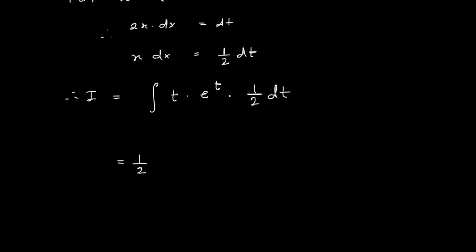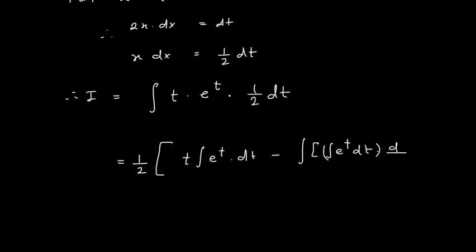Now integration of t into e power t: here it is t into integration of e power t dt, minus integration of integration of e power t dt into the derivative of t, d by dt of t, into dt.